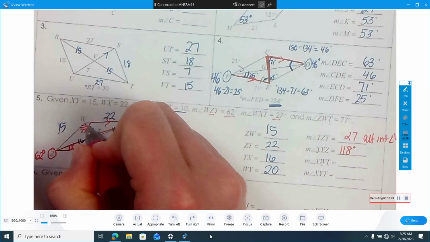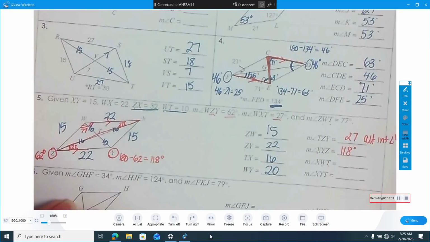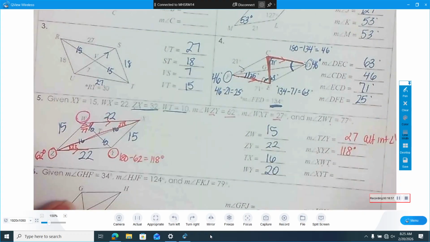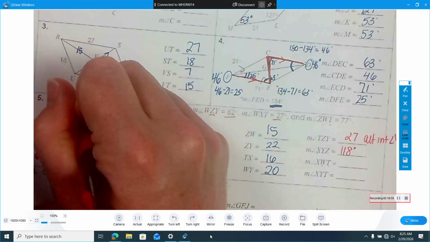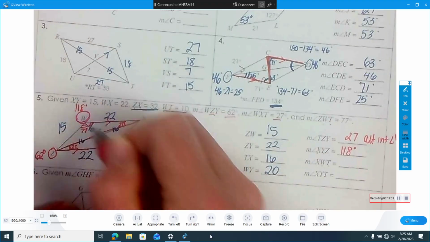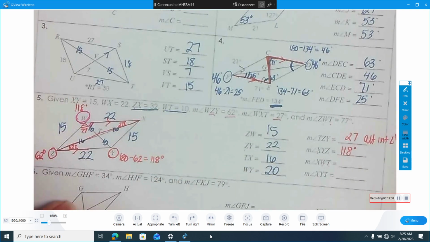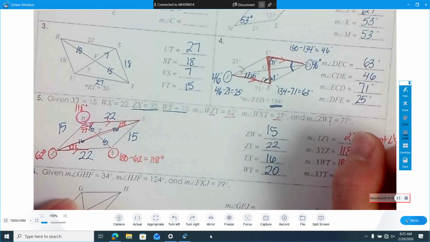XWT is this little guy right here. What is the whole angle W? Also 118 degrees. Opposite angles are congruent. And we know 77, so what do we have to do? Subtract. Yeah, 118 minus 77.